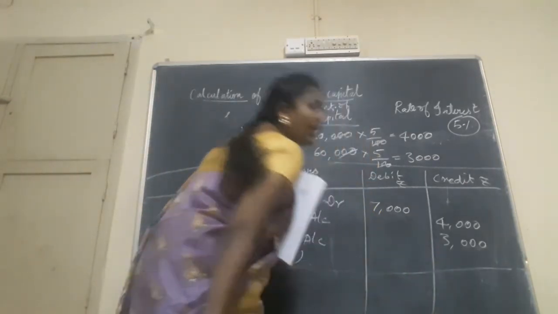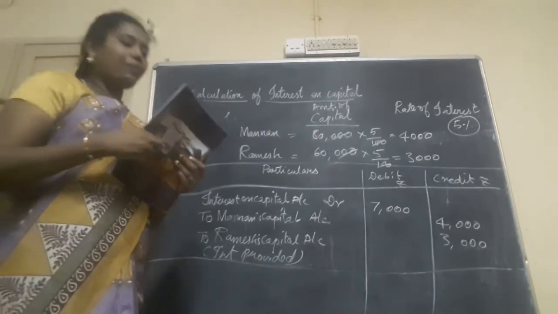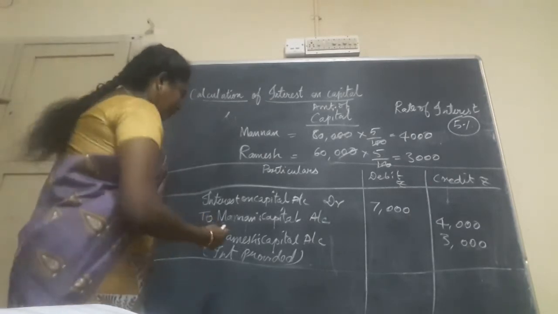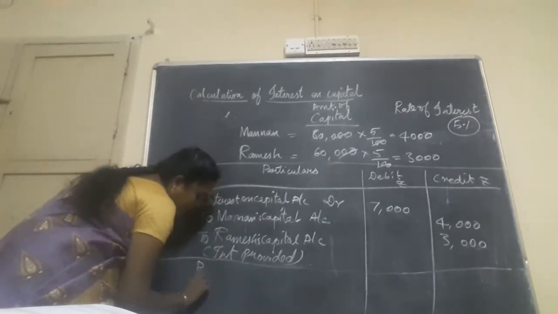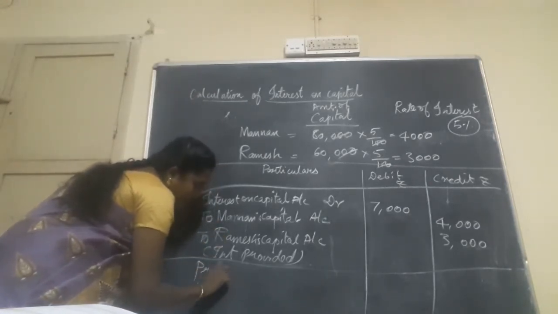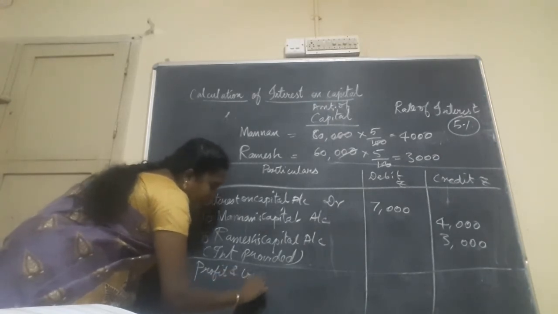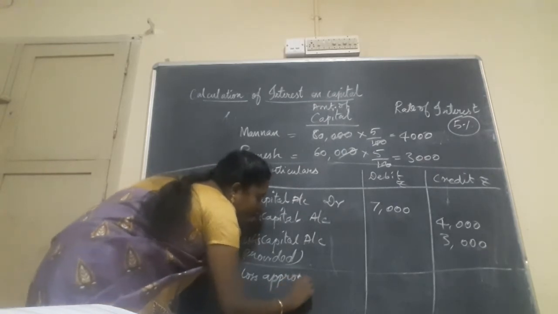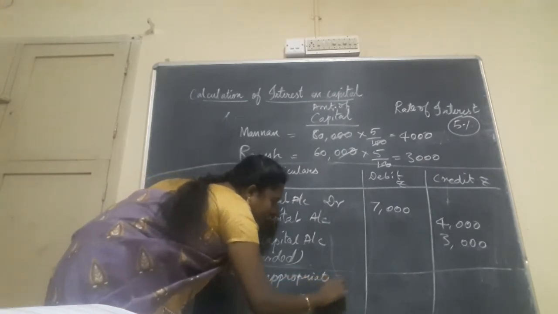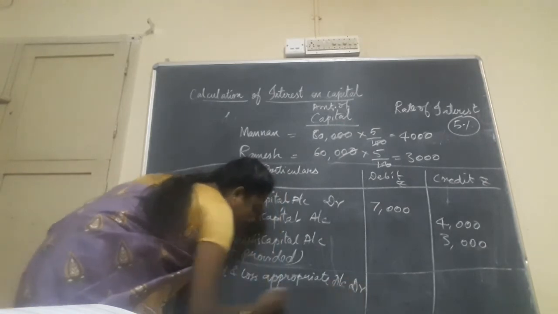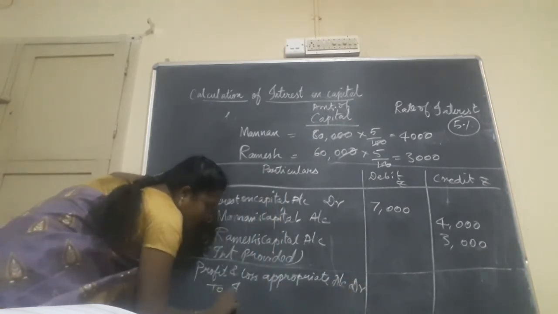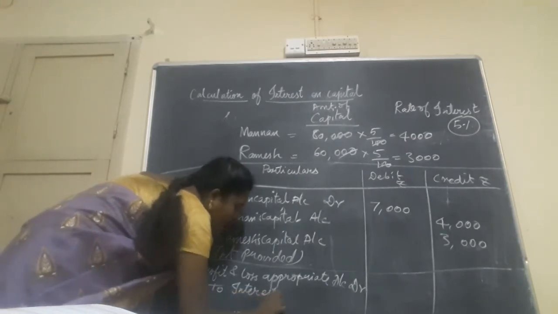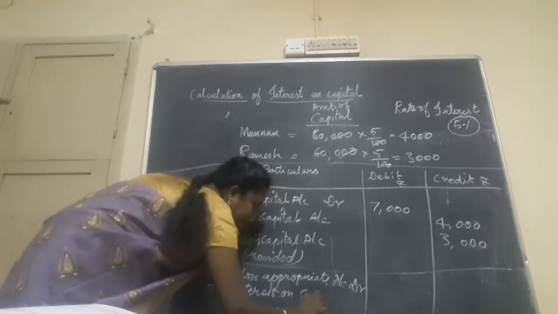Then next one we have to transfer that to the profit and loss appropriation account. So we have to write profit and loss appropriation account debtor, to interest on capital.